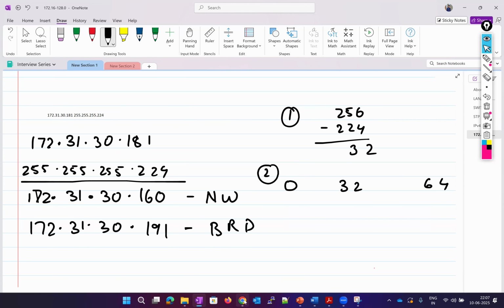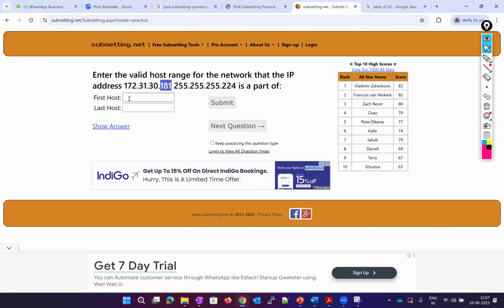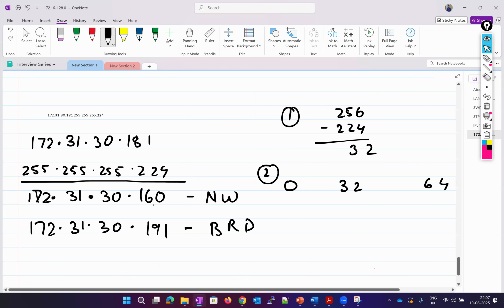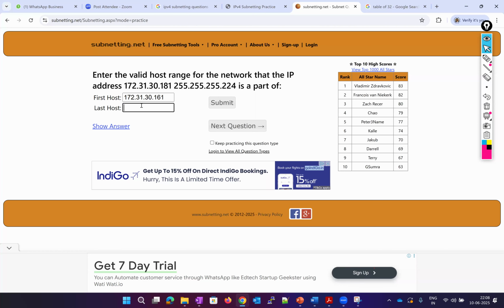Now, what is the question? The question says, which is the first usable host? So we will write 172.31.30.161. Network ID we cannot use, broadcast ID we cannot use. So network ID plus 1, and broadcast ID 191 minus 1 is the last usable IP address. So 172.31.30.190 is the last usable IP address.